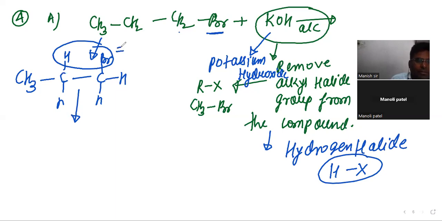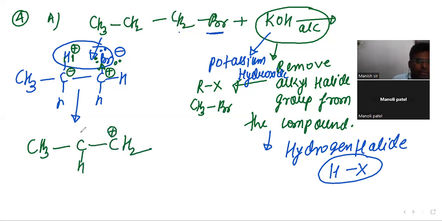Br will form minus, due to 7 electrons in the last orbit, right? So it is more electronegative, and carbon will become plus. Now, as we know, hydrogen has 1 electron, so it will form plus, and this carbon will form minus. So your compound will be like this: this is your plus, this is your minus.